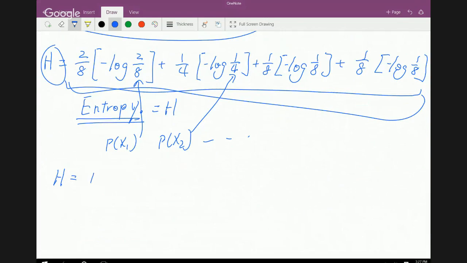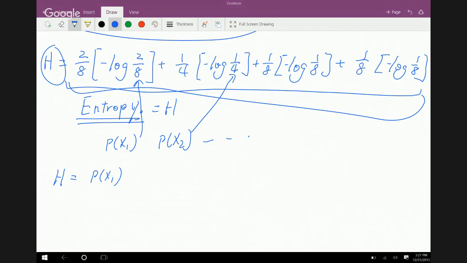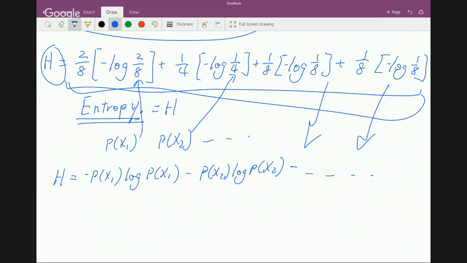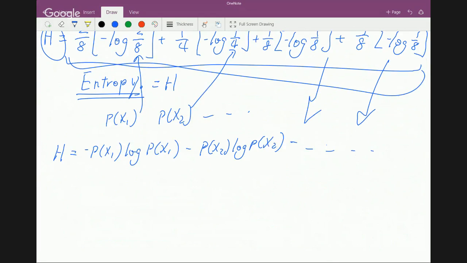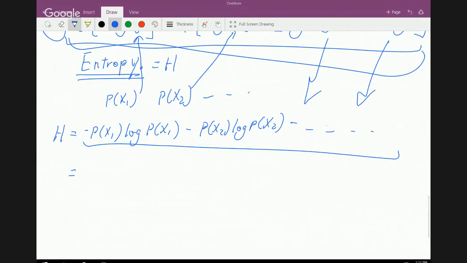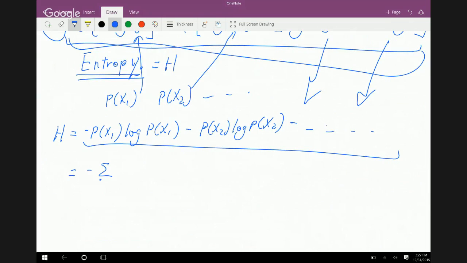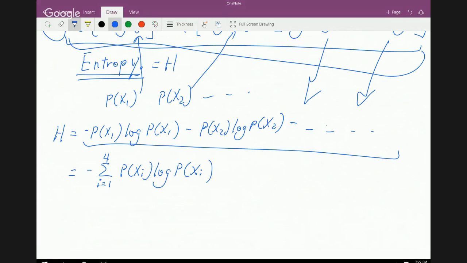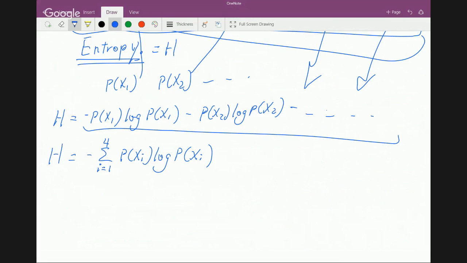H is equal to minus probability of x1 log of probability of x1, and then minus probability of x2 log of probability of x2, and so on and so forth for the last 2 over here. And this summation can then be organized like such. Minus summation i from 1 to 4, probability of xi log probability of xi. So that will equal H.